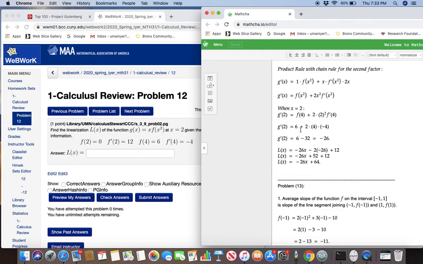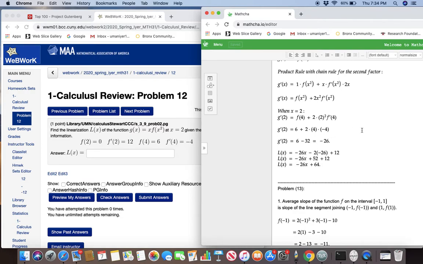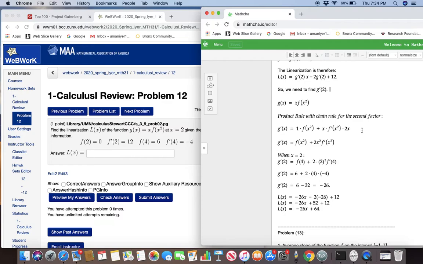So that gives me 6 plus 2 times 4 times negative 4, which gets me negative 26. That is my derivative of g at 2. Plugging in g prime 2 as negative 26, I get negative 26 times x minus 2, times negative 26, plus 12. That is negative 26x plus 52 plus 12, negative 26x plus 64. That is my linearization.